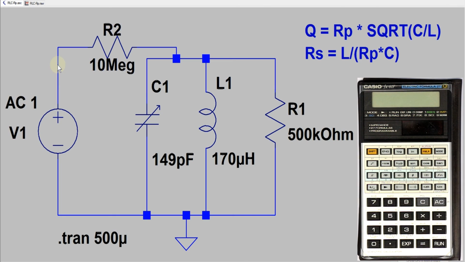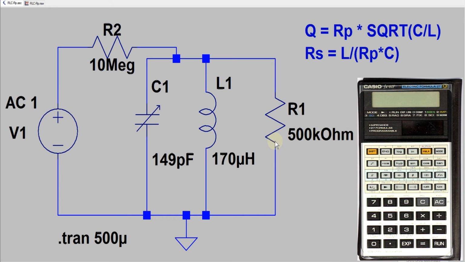Anyway, now we have verified two things. First of all, we can look upon a lossy LC circuit not only with a series loss resistance, but also with a parallel loss resistance. Second, the two main methods to measure Q factor give, of course, as in theory, the same result.